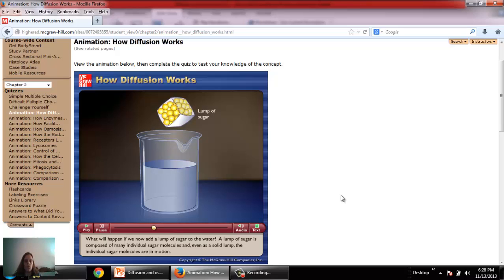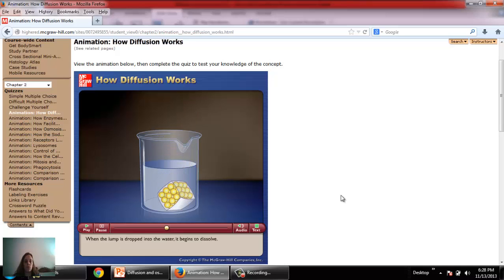A lump of sugar is composed of many individual sugar molecules, and even as a solid lump, the individual sugar molecules are in motion. When the lump is dropped into the water, it begins to dissolve. Individual sugar molecules move randomly and constantly from the area where they are common to the area where they are scarce.